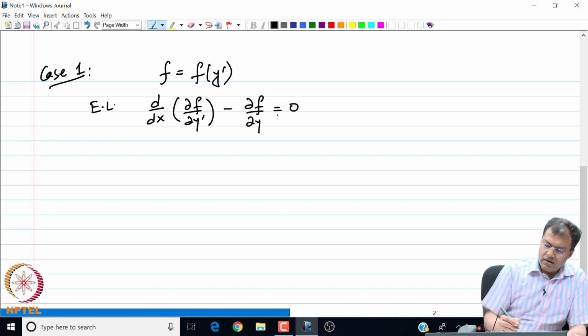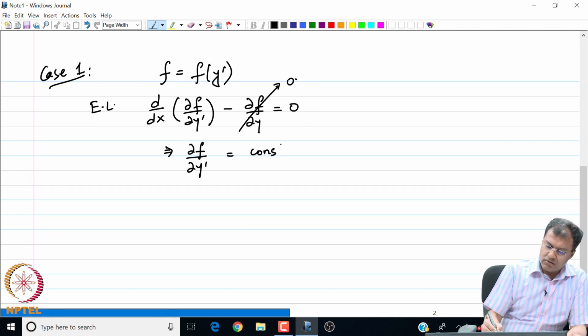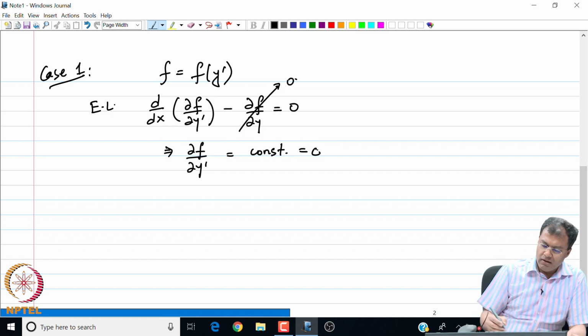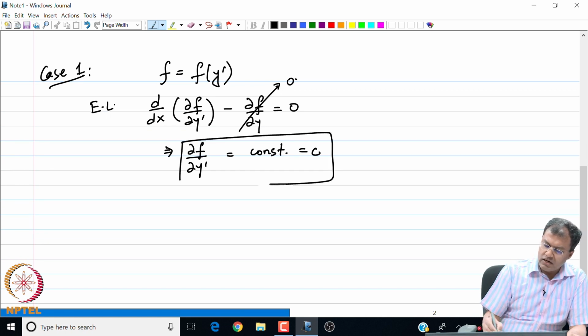We see that since f is not a function of y explicitly, in this case this particular partial derivative is 0, and then this equation shows that we can immediately integrate with respect to x to see that the result that we get is partial of f with respect to y prime is a constant, right. Let us call this as c. So, in this case the Euler-Lagrange equation reduces to a first order ODE or differential equation.